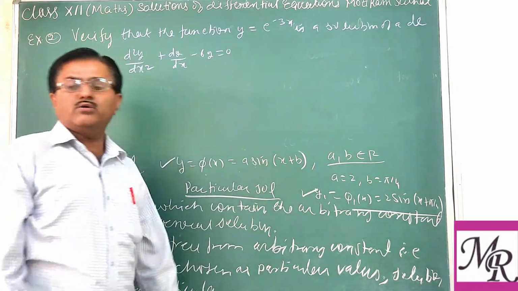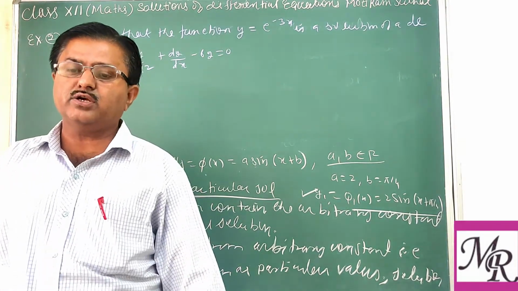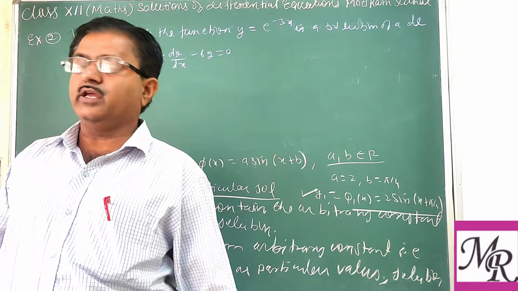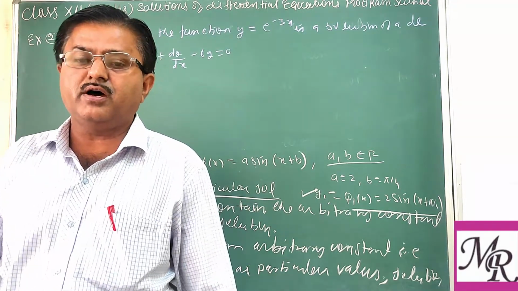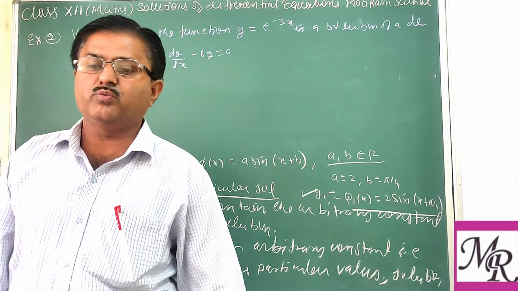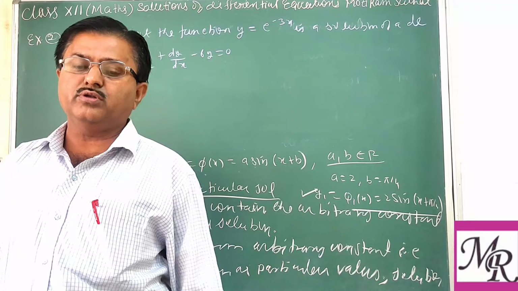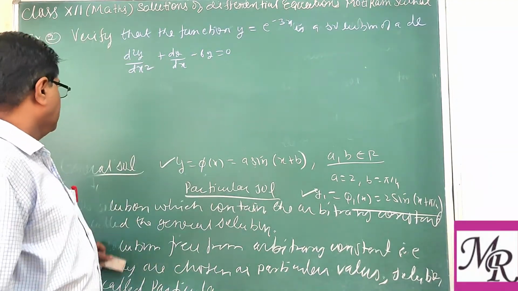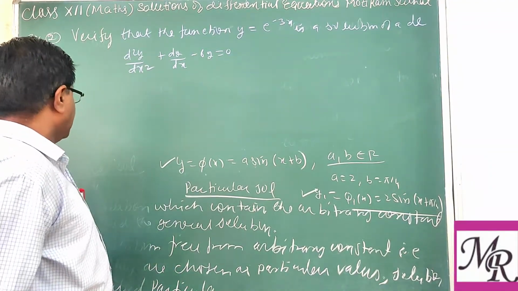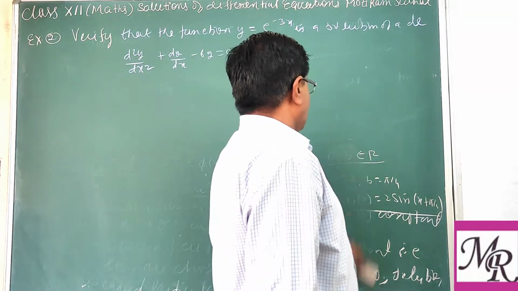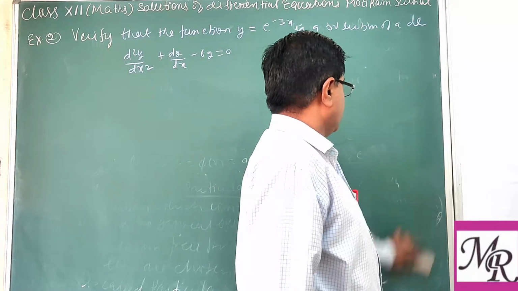So now you have to verify. As in the case of algebra or trigonometry, to verify that a given number is a solution of the given equation or not, we put the values in the equation and make both sides equal. If both sides are equal, left hand side equal to right hand side, then that is a solution of the given equation.